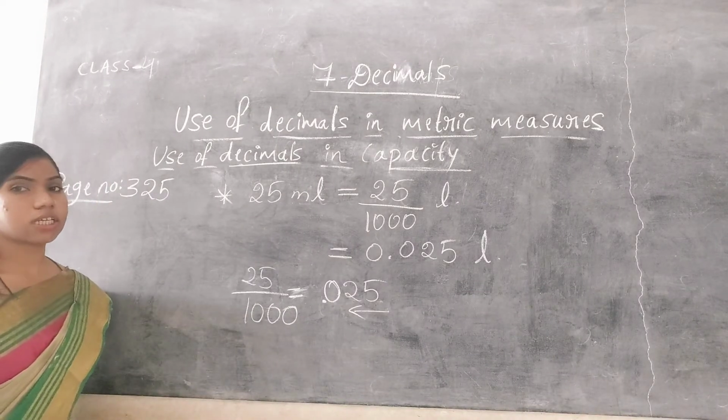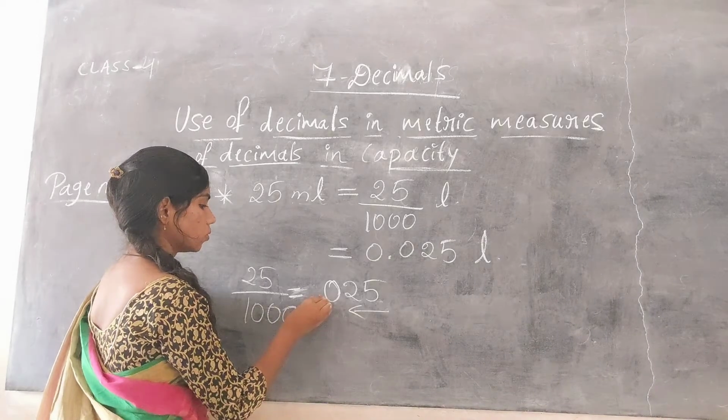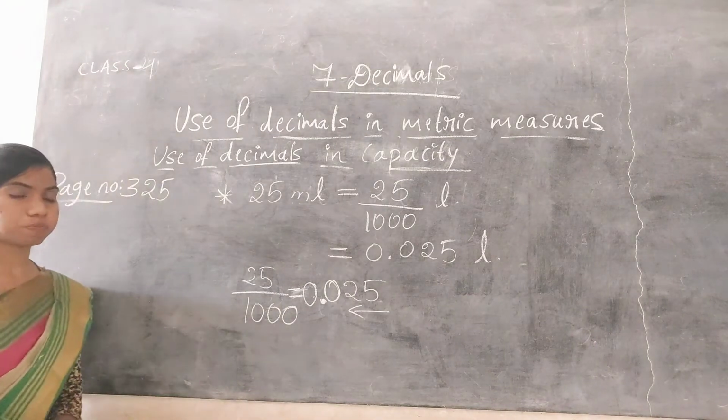Before the decimal point we write 0 because there is no number.